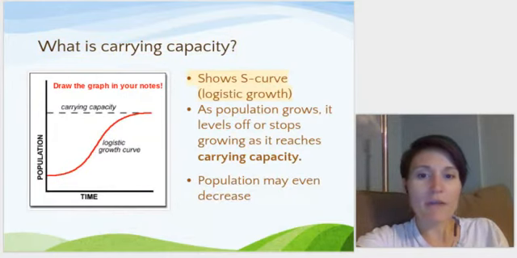If we look at the graph here, and I want you to draw this, this is called an S-curve graph, or logistic growth, because it looks like the letter S. So here we have at the top where it levels off, that is where carrying capacity is. And once again, write this down, shows the S-curve. Population could overshoot, and then it will decrease. We'll see that in this next slide.